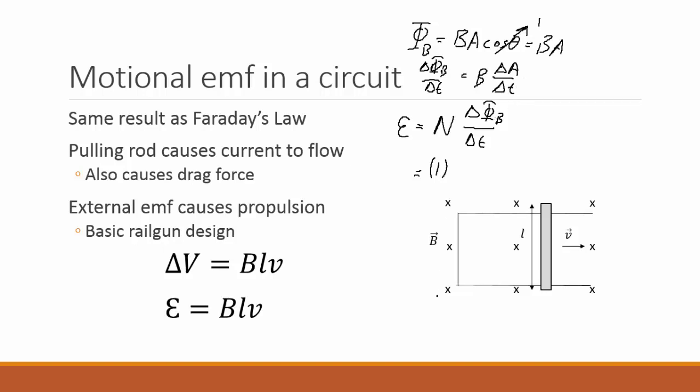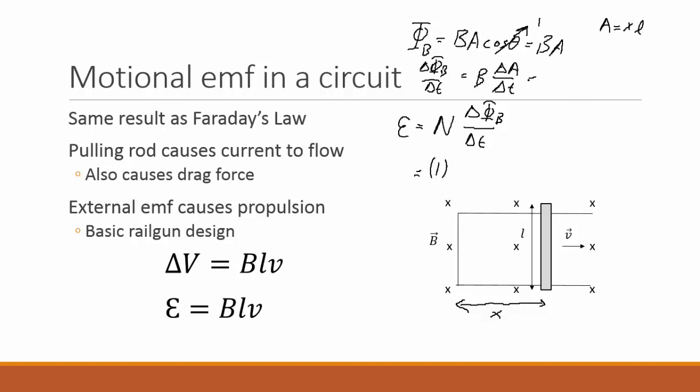And I'm going to call the current position of the bar x. The reason why is then the area of this loop is going to be equal to x times L.